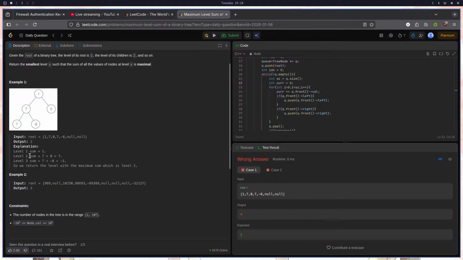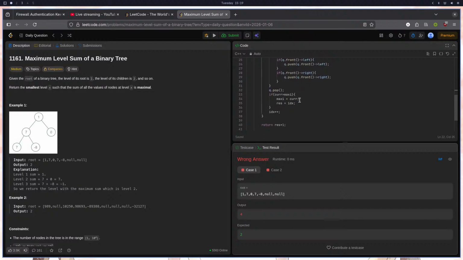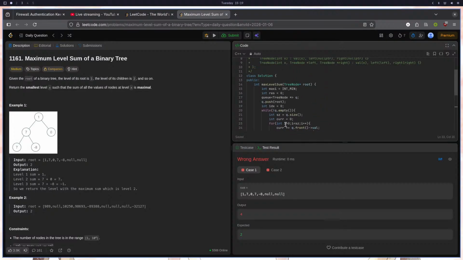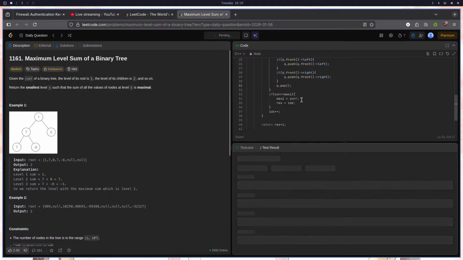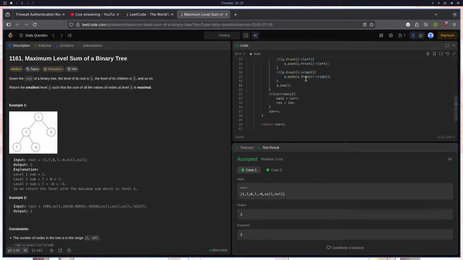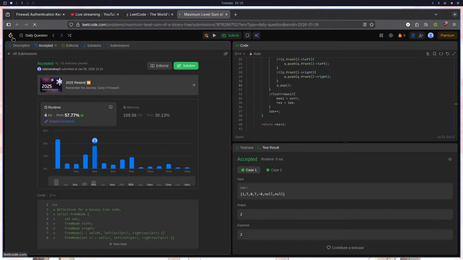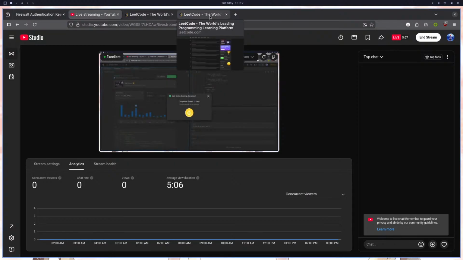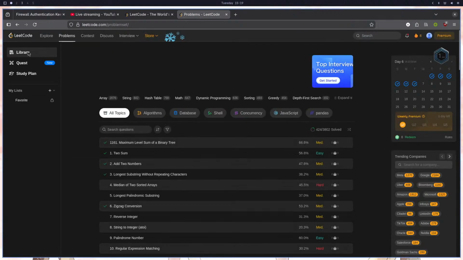Return the smallest level x. Oh my god. Okay. This is why I should have done it properly. The thing is, window problems, no man.